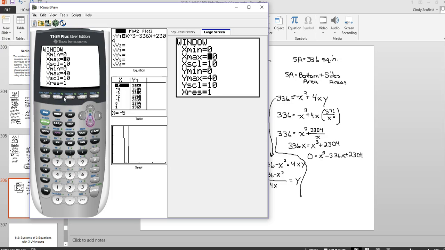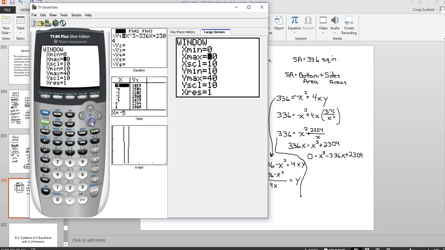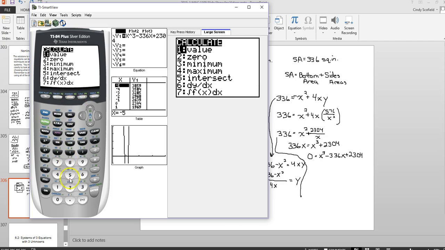Let's try y min being 10. Oh, not 10, sorry. Y min, let's try it being negative 10. Because I want to figure out the zeros here, like where this thing crosses the x-axis. So let's calculate 0.